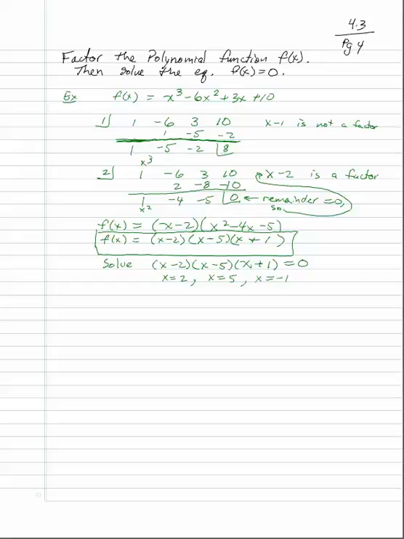So I'm skipping some steps here. So x minus 2 equals 0. So you're going to add 2 to both sides and get x equals 2. And you don't have to show this step. You just change the sign. So you're going to add 5. x plus 1 equals 0. So you're going to subtract 1. So x equals 2, 5, or negative 1.